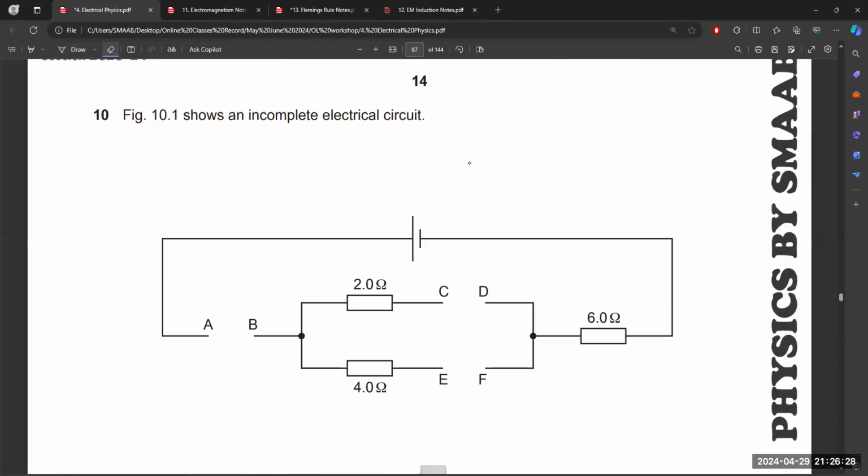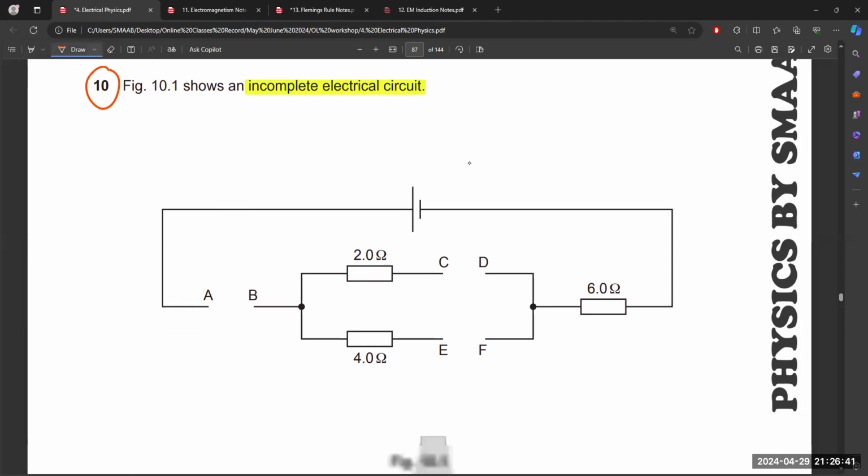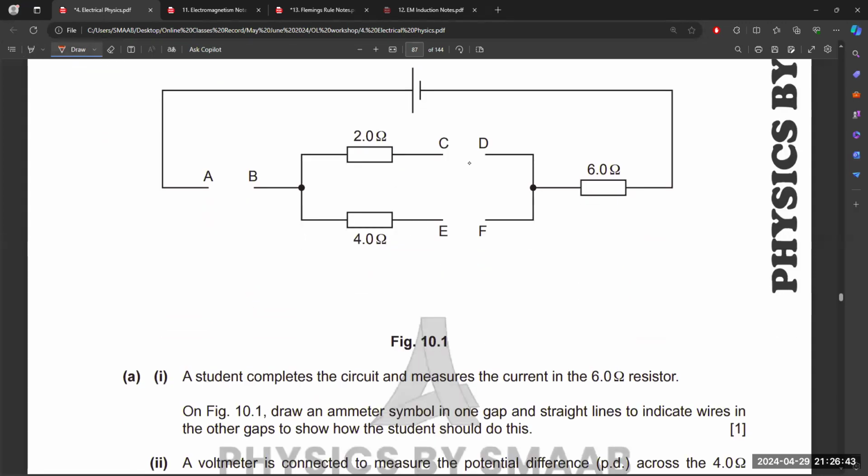Okay, if we consider this question also, question number 10. It shows an incomplete circuit and a student completes the circuit and measures the current in the 6 ohm resistor.